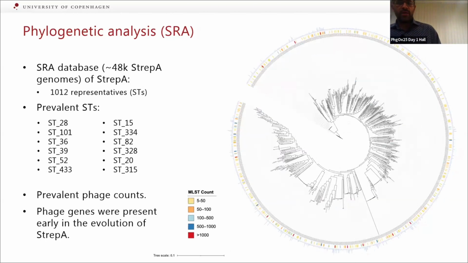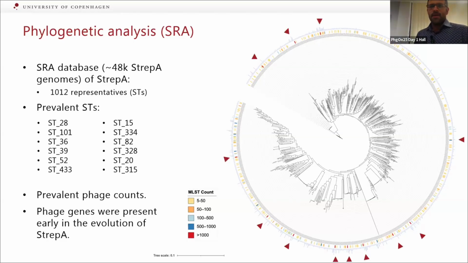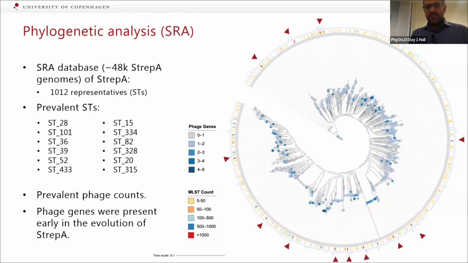A similar picture we observed, a little bit more complex, of course, because of the volume of the database, but we observed similar patterns here in the SRA database. We have a lot of prevalent STs, which are, again, distributed across the phylogeny. And then also the phage-originated genes, the superantigens, are also prevalent across the entire phylogeny here.